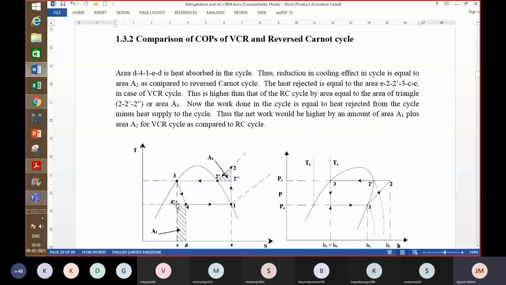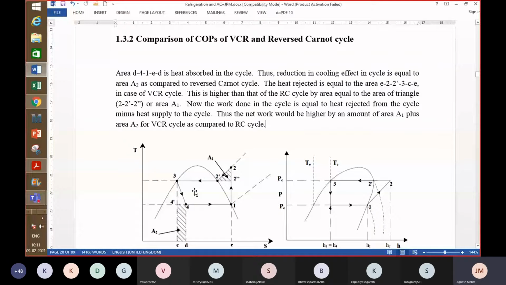Because of that, this process 3-4, the isentropic expansion, was replaced in the vapor compression refrigeration cycle with process 3-4, which is isenthalpic expansion. In this isenthalpic expansion, a very simple component is required, and the cost of that component is also very less.